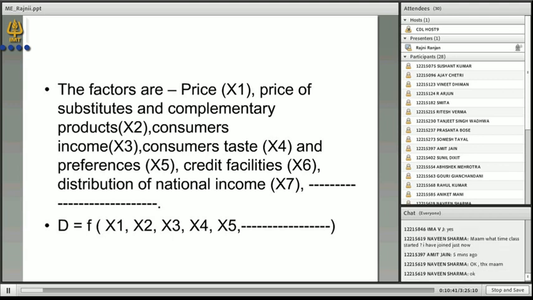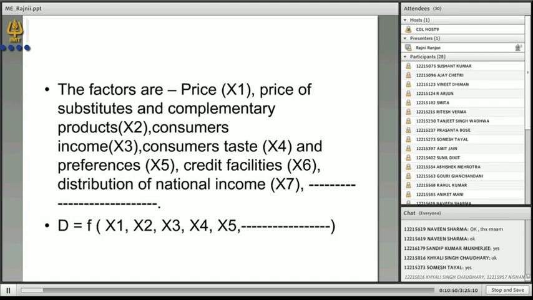So is it clear, everybody? I am assuming this is clear. Based on this expression, that is demand is equal to function of x1, x2, x3, x4, x5, we will now proceed further. Technically speaking, now it is the time that we start the class, because till this point we had already covered the discussion of the slide in the last session.